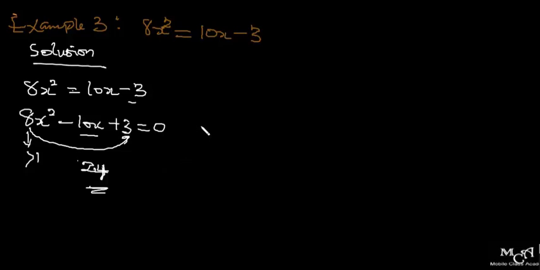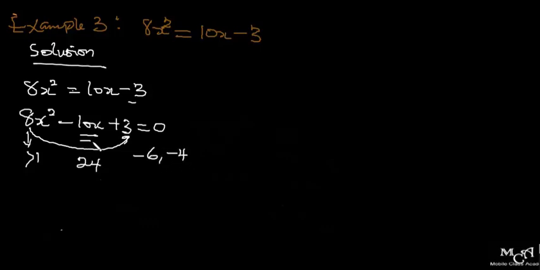I said whenever we don't know the two values, we should turn to our AC and divide it. Our AC is 24. So what are the two factors of 24 that when added give minus 10, and when multiplied give 24? So we have a replacement for our minus 10x, which are minus 6 and minus 4.